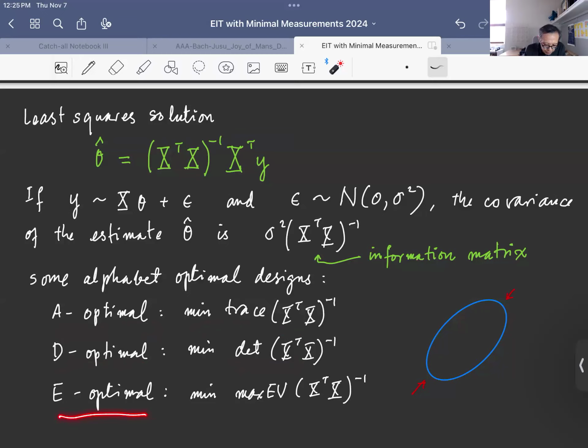And then there's the E-optimal, which is minimizing the maximum eigenvalue of x transpose x inverse. So basically, if you think of the level lines of the covariance in these two-dimensional problems as ellipses, what you're trying to do is make this ellipse as small as possible. That gives you the highest certainty.